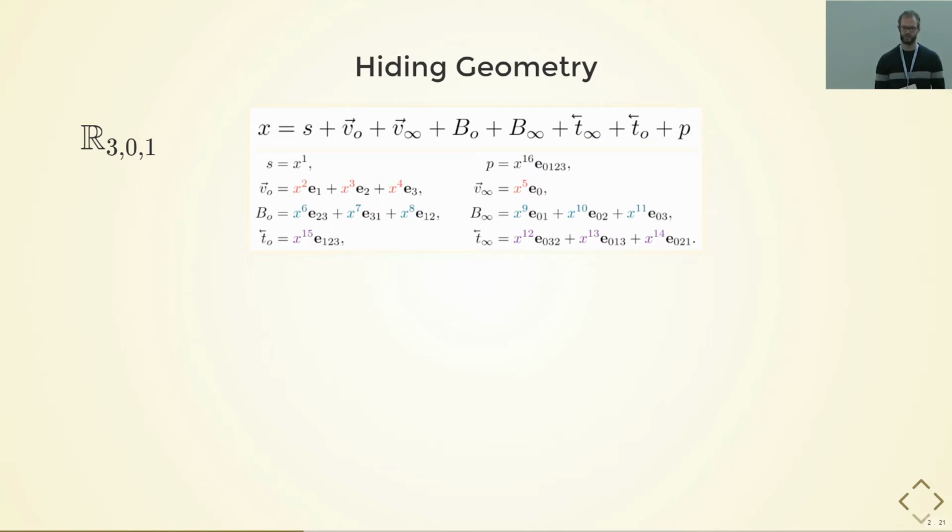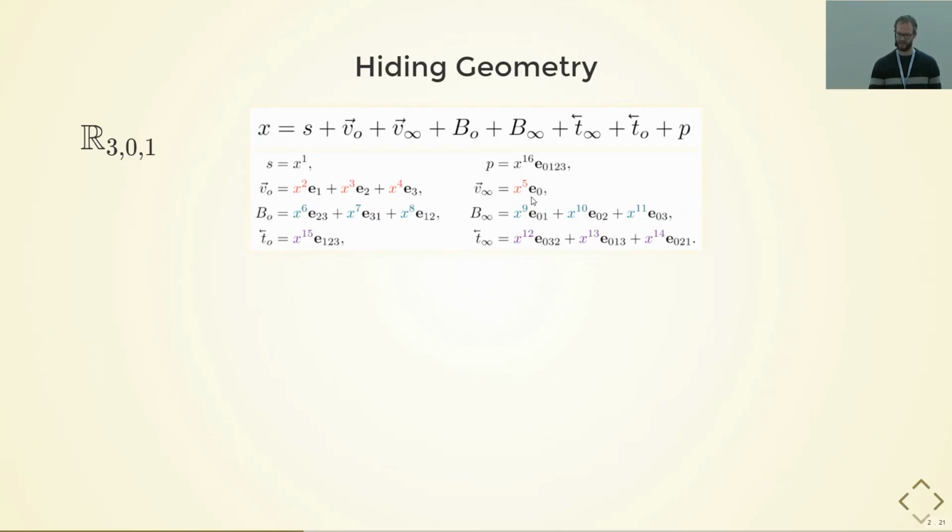So you start with a multivector X, and this multivector has a scalar part, a vector part, a bivector part, a trivector, and a pseudo-scalar. And I've separated out every time the part that's origin attached and the part that's at the horizon at infinity. So, for example, for the vector, we have e1, e2, e3, that is a plane through the origin.